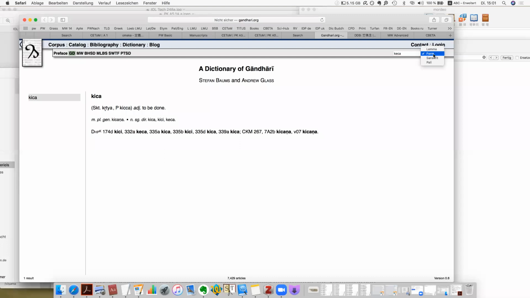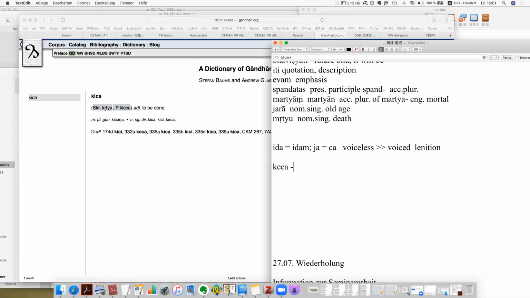So you just search a specific form, not lemma. Lemma means that you have to know the keyword. But form, you just put the form. So kecha comes from kritia. Just like in Pali, it's pretty similar, right? So kecha, kind of Sanskrit kritia, and Pali kicha.